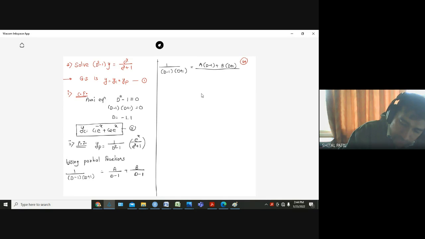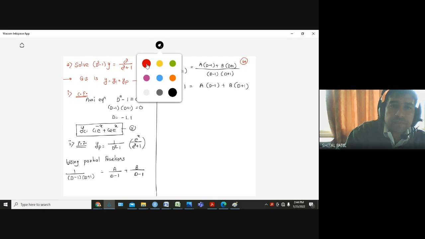So our aim is to get A and B. So denominator is same, equating numerator. Take different values of D, for example.